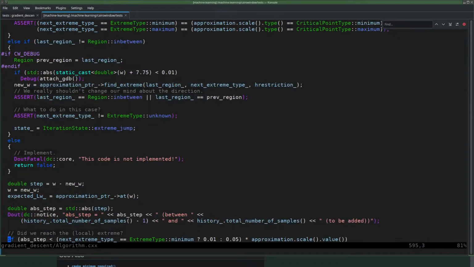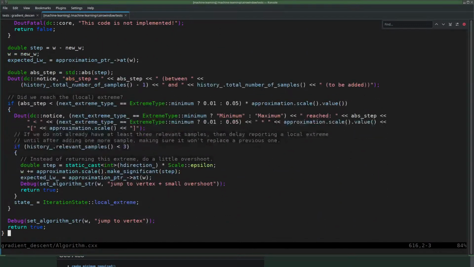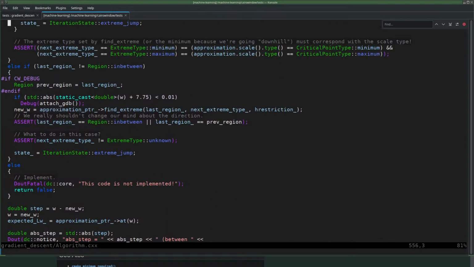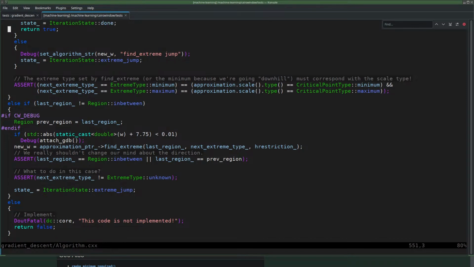The absolute step is almost nothing, so we're on top of it. And then it doesn't do anything except set the state to local extreme. I think that might be enough. I mean, I have to call this function again, apparently, the find extreme. But I don't think I have to do that here.